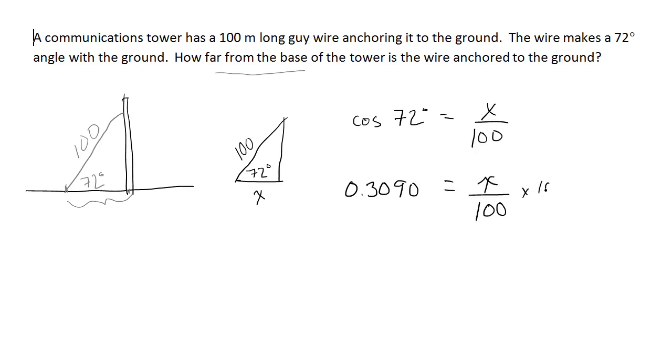Now we just need to multiply both sides by 100 in order to eliminate the 100 from that side. And we are left with 100 times this number. We're just going to move the decimal twice to the right. 30.9.